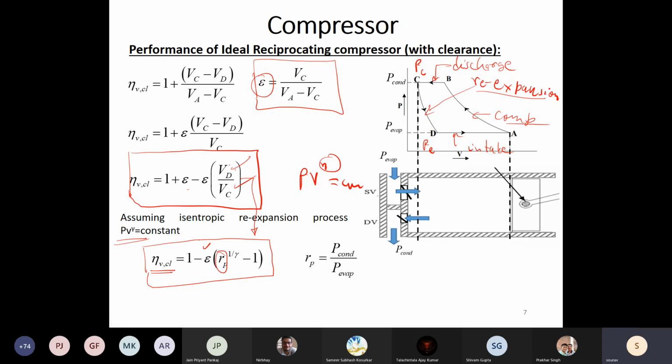Once the compressor is manufactured, this epsilon will not change. But it also depends on the pressure ratio and on the gamma value or the n value. So it depends on the process itself and on the pressure ratio.